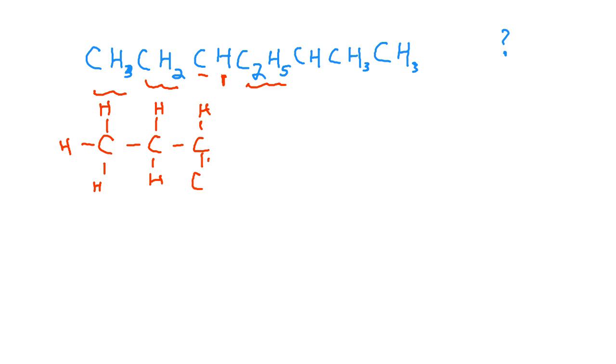Okay. Then we've got a C. We've got an H. And now we've got a CH3. There's a methyl CH3. And then finally, we have a CH3. Once again, all single bonds. It's an ane.